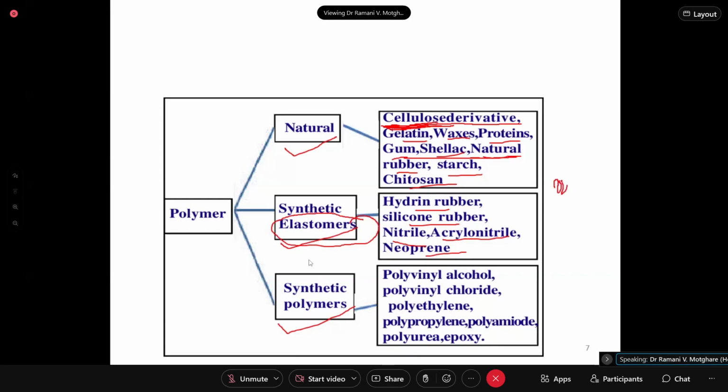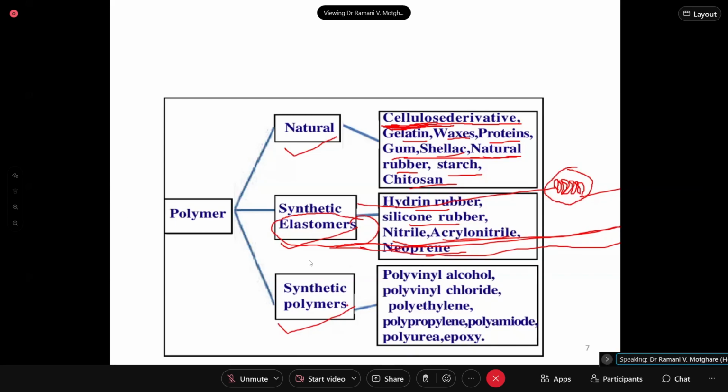The molecules are arranged in such a way that they show resilience and rebound, and when you stretch it, the whole molecule becomes long. These are entangled snarls, which become straight when you apply some stress over it.